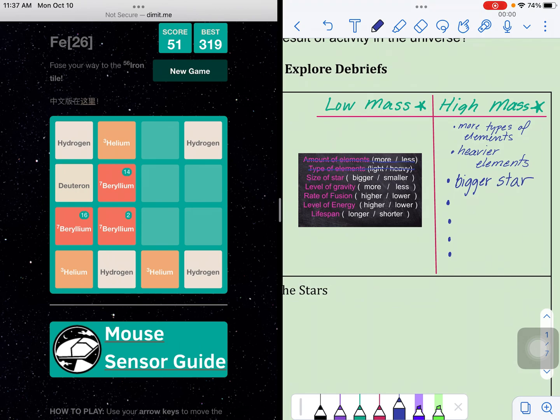So again, I'm just going down my list, making sure I get all these characteristics in there. Now I'm thinking about level of gravity. What does that mean for a high mass star? Well, thinking back to our info from last week, if something has more mass, gravity is pulling on it at a greater rate.